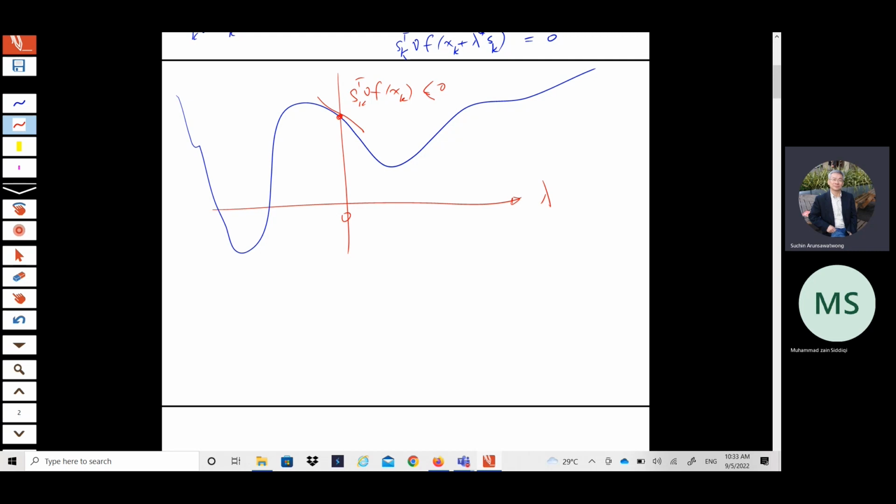Now, in practice, if you want to find a global minimum in the direction of the vector sk, it takes a lot of computation, and it's not worth doing. If you find a local minimum, the method will converge to the point. This is the idea of doing iteration.